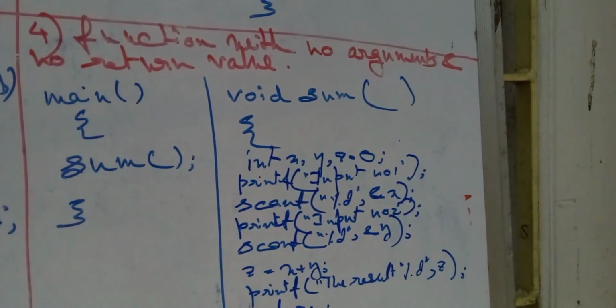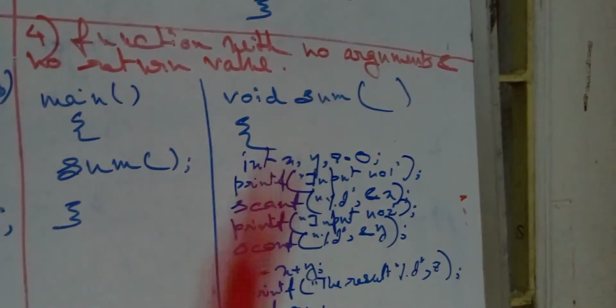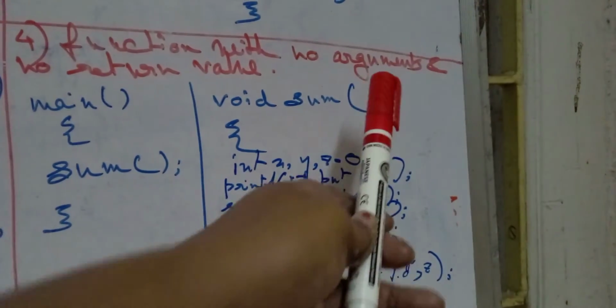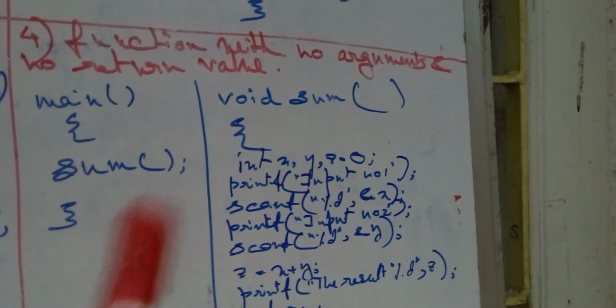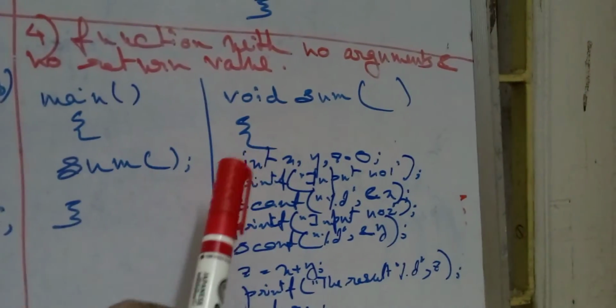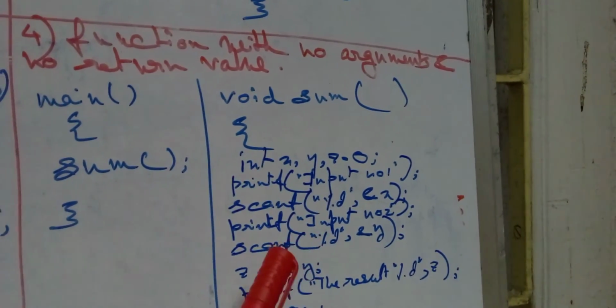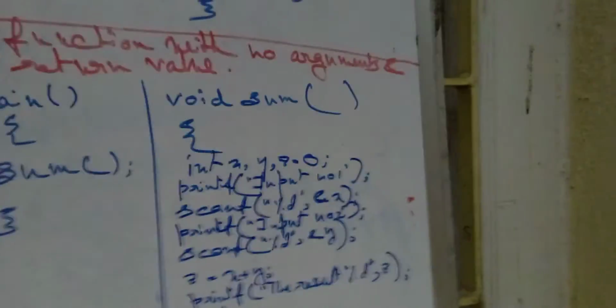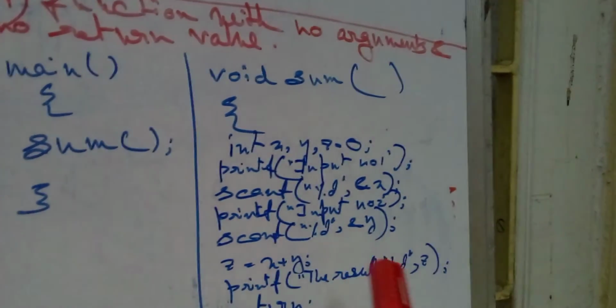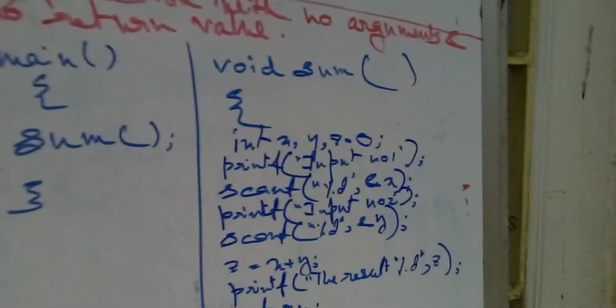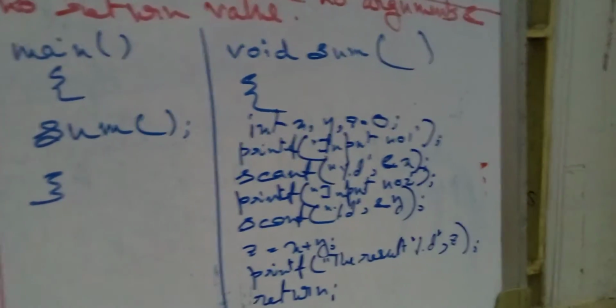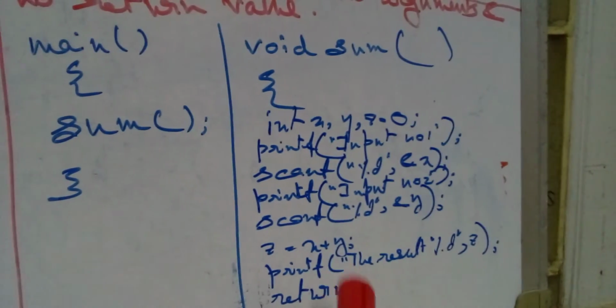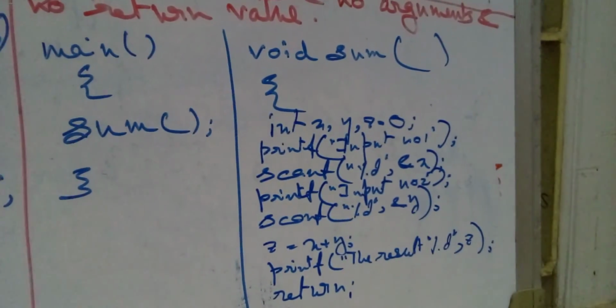Since it is not returning any value, the sum function is called and the parenthesis is empty. In this function I have taken two numbers, I have inputted them, and z equal to x plus y, the result is printed here, and only the return statement, since control should be back to the main function.